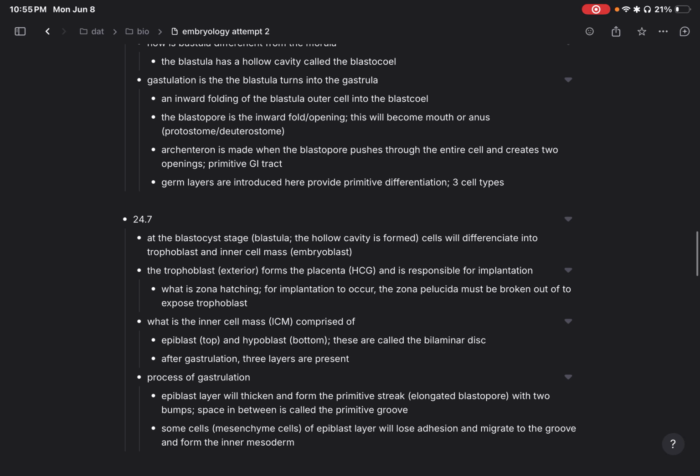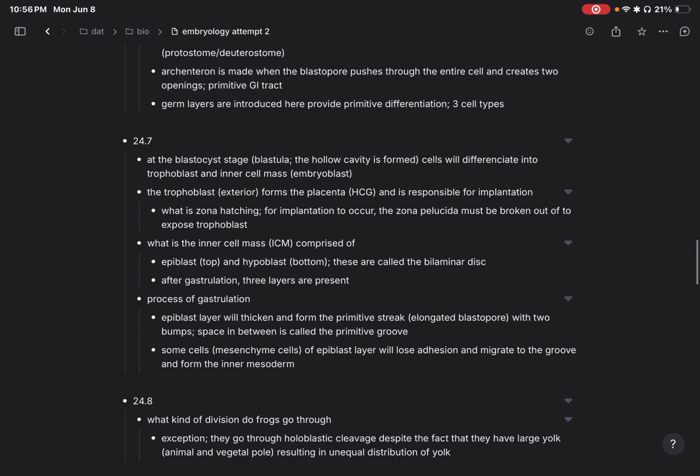Also, the trophoblast will form the placenta, which is responsible for human chorionic gonadotropin, HCG. That HCG is going to maintain the uterine wall and also the corpus luteum, rather than the corpus luteum having to make progesterone and all that, but I don't think that's important. So zona hatching, we already talked about that.